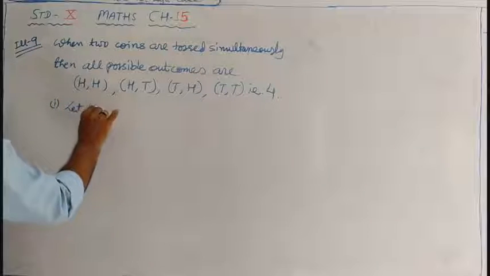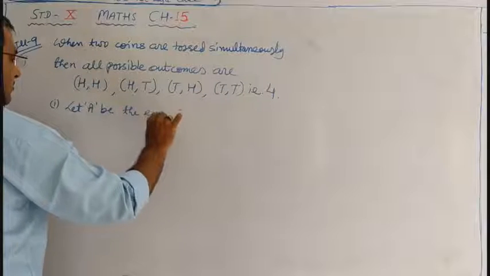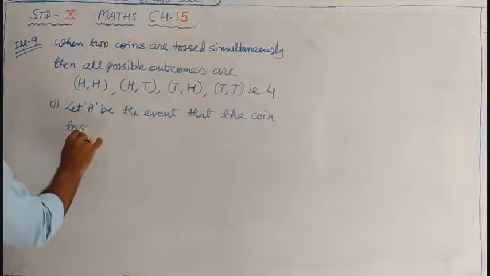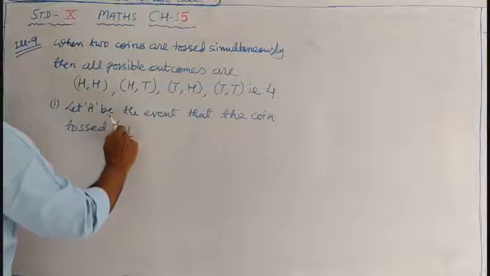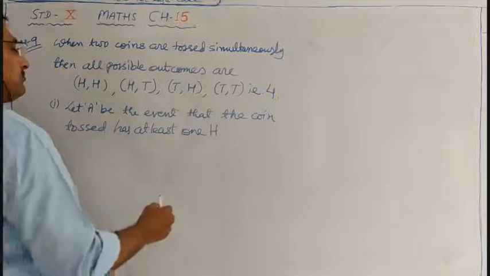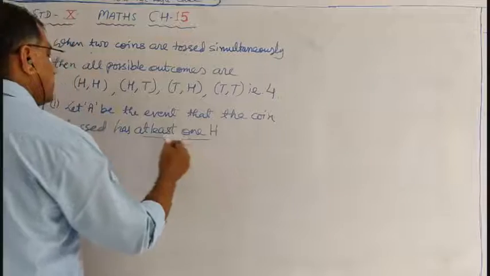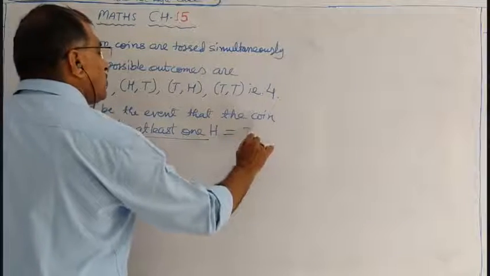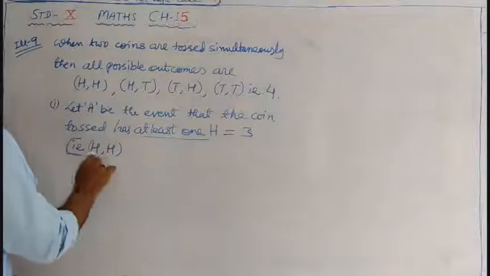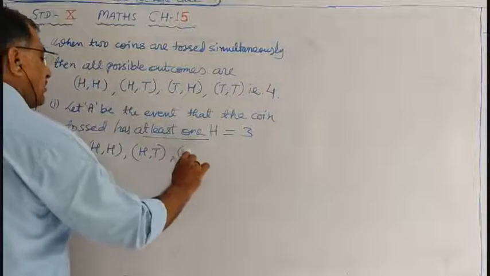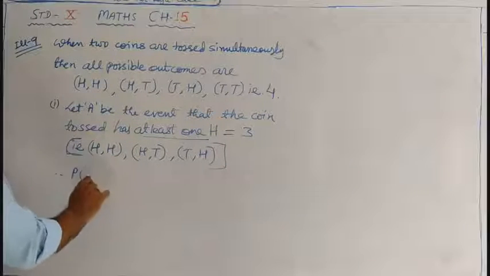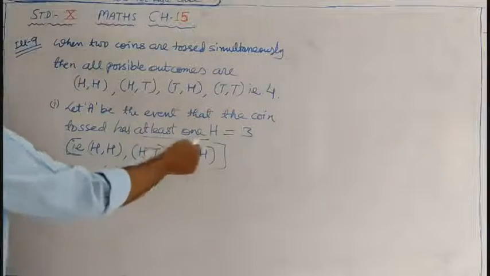Here let A be the event that the coin tossed has at least one head, means minimum one head, and that is equal to 3, because here we can have head head, head tail, or tail head, but not tail tail. So total 3 possible outcomes.